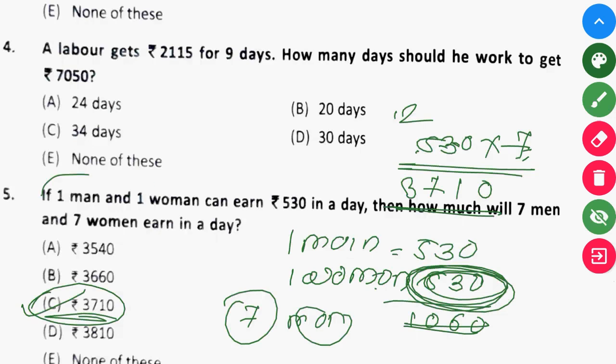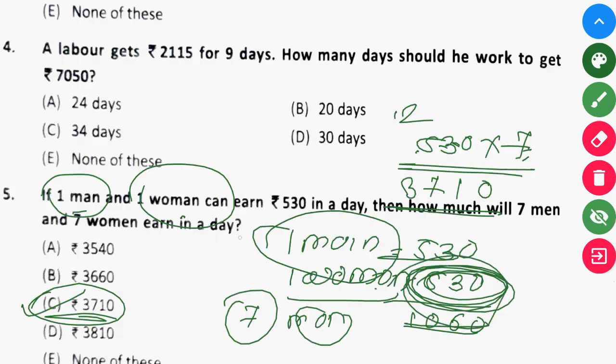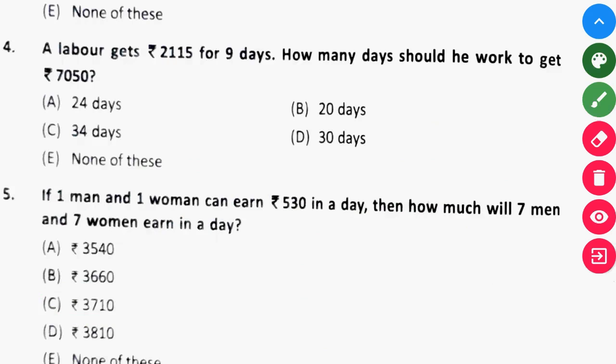They just misled or confused us by giving one man and one woman, but it is not like that one man earns 530, one woman earns 530. Together they earn 530 rupees in a day. So if 7 men and 7 women come together, they earn 3710 rupees.